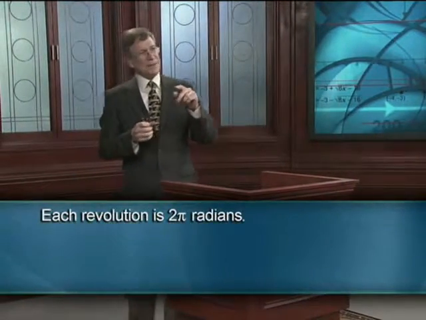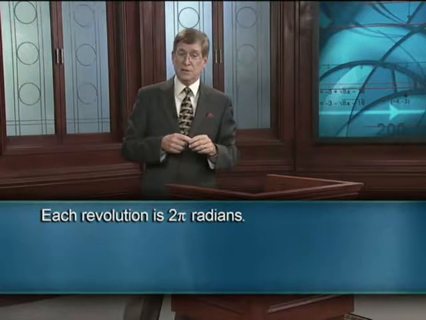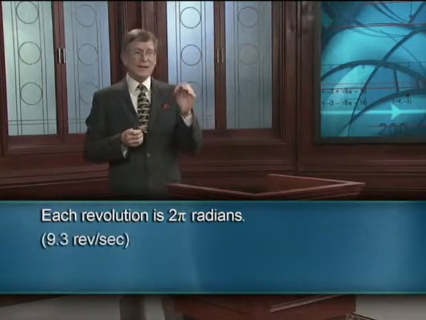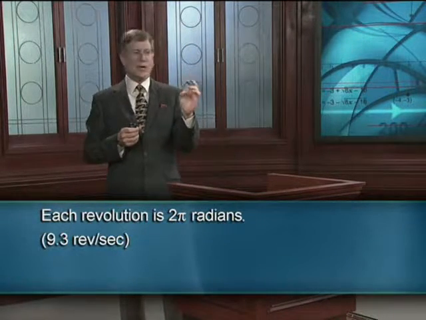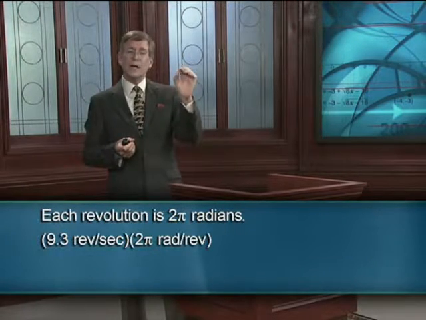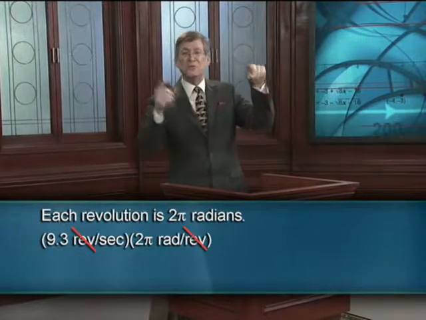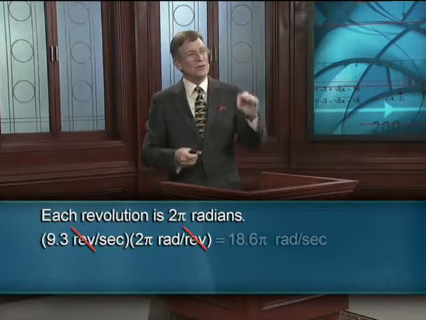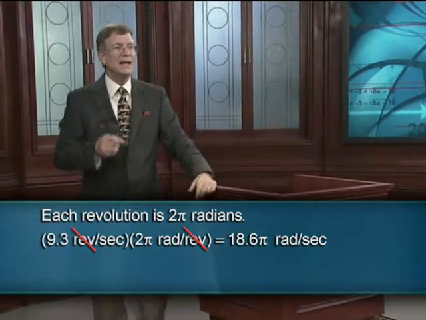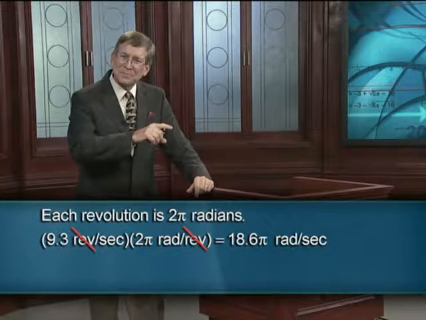So keep in mind that a full revolution is 2 pi radians. So if you go 9.3 revolutions per second, and there are 2 pi radians per revolution, notice how the word revolution cancels here, and you're left with 9.3 times 2 pi radians per second.